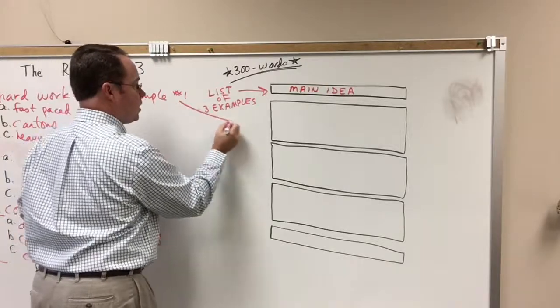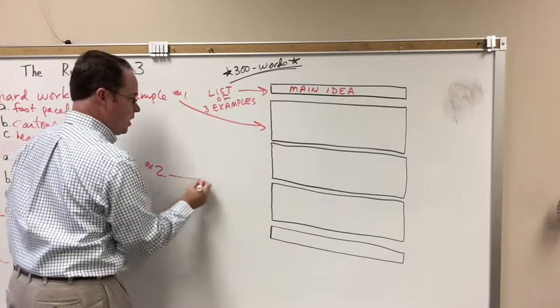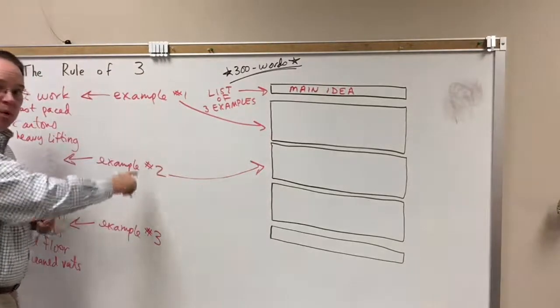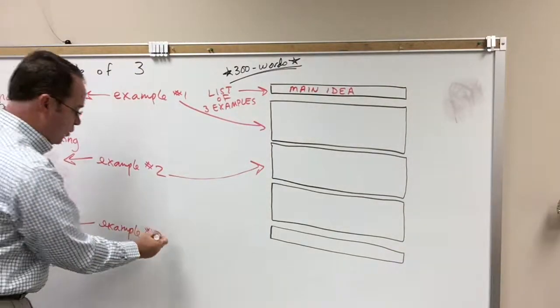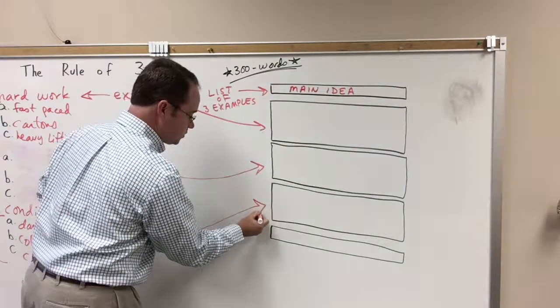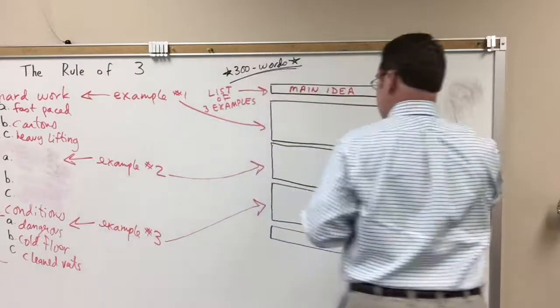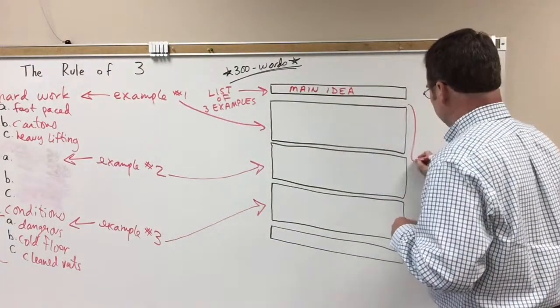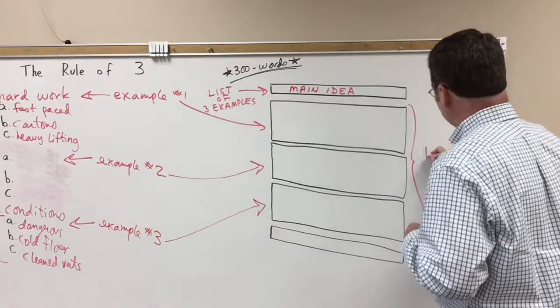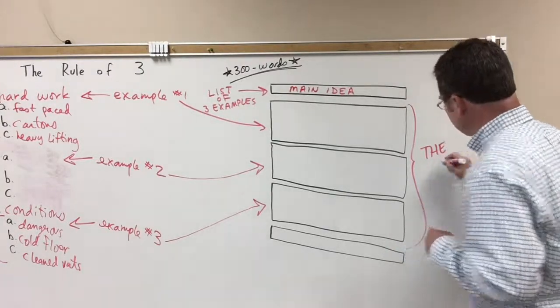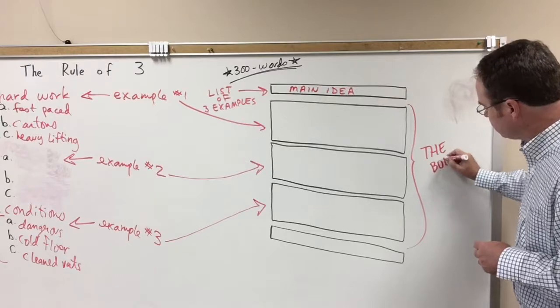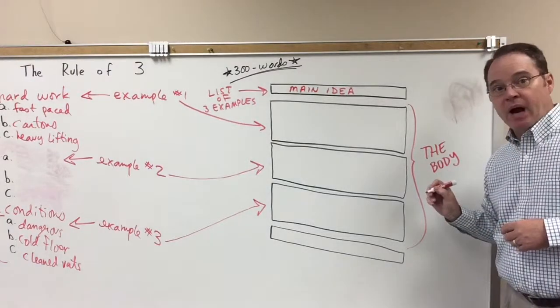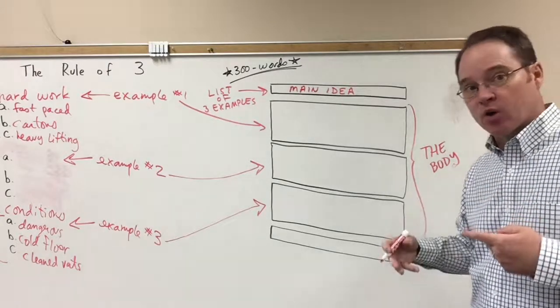Then, what's going to happen is that those examples from our outline are going to be transferred in to these paragraphs here. And then this part is what we call the body of the paper, or the body paragraphs.